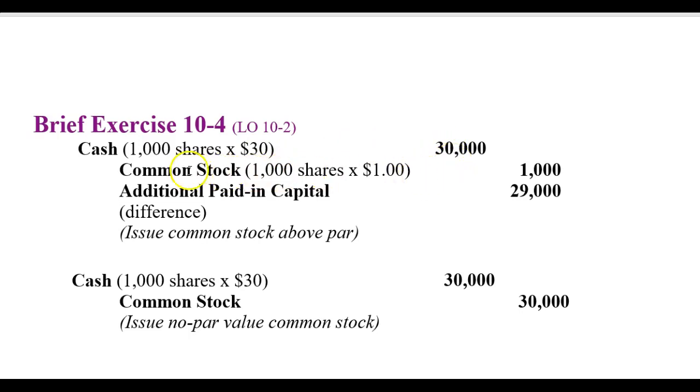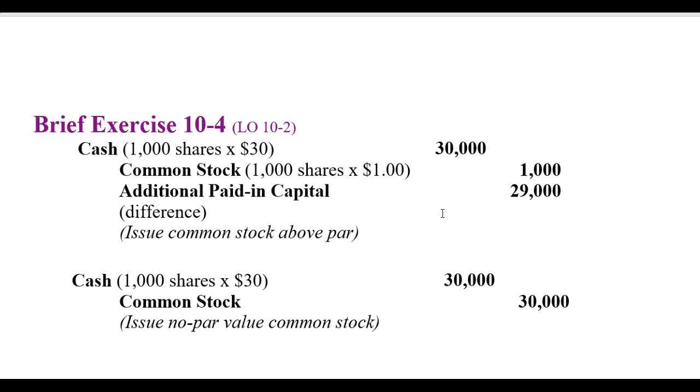And what we then have is a credit to common stock, but you see we only record the par value in the common stock account as a credit. So this will be 1,000 shares times the $1 par value per share, and that's the credit to common stock. The rest of the amount we receive above par value is recorded into the additional paid-in capital account. So there's the first entry.